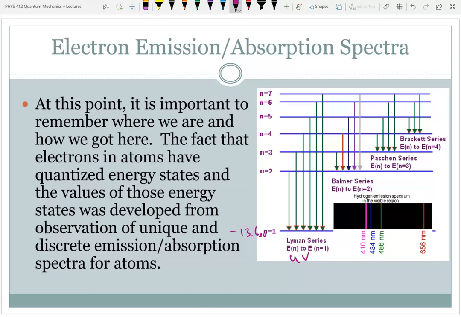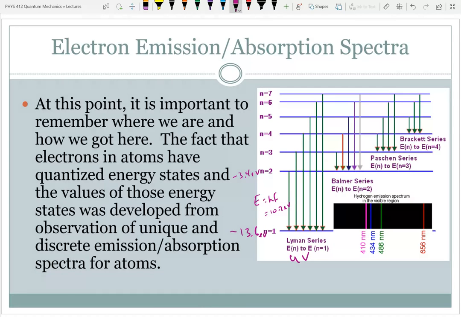N equals 2 is that number divided by 2 squared, so divide by 4. 13.6 divided by 4 is going to be 3.4. So the smallest energy is going from 3.4 to 13.6. That's a 10.2 electron volt difference. So this one here is energy equals hf equals 10.2 electron volts, and all the rest of them are higher energies.